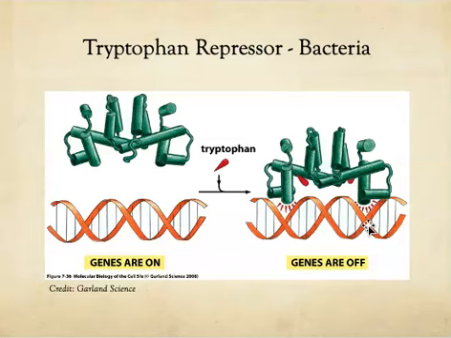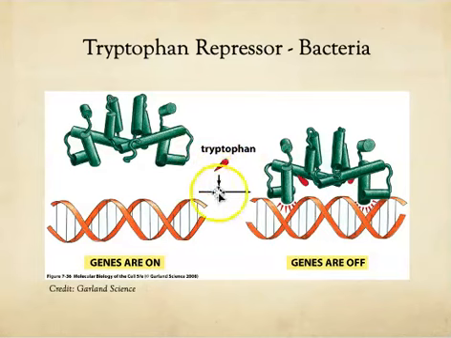Now you might say to yourself, well, hold on, I thought genes were code for proteins. Tryptophan is an amino acid, it's not a protein. The gene here, or I should say the genes here, code for proteins. They code for the enzymes that are going to build the tryptophan.